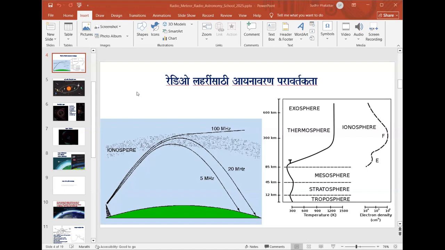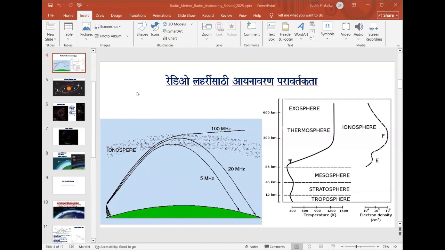Mainly those are at 30 megahertz, 32 megahertz, because their system is totally dedicated for this purpose only. And in India, such dedicated technology is not available.